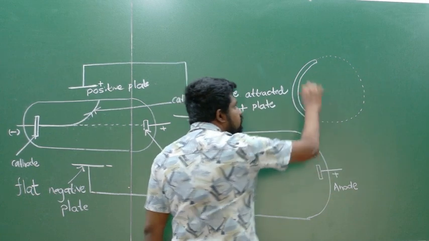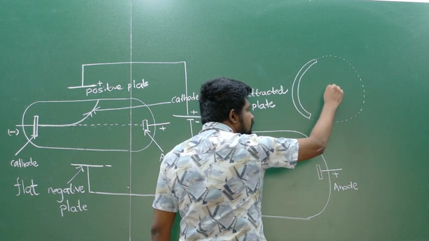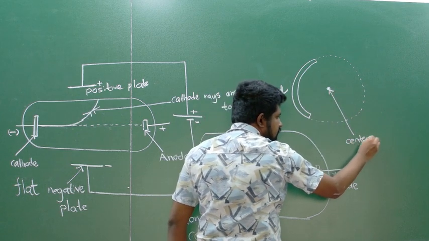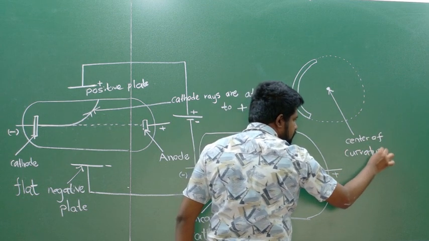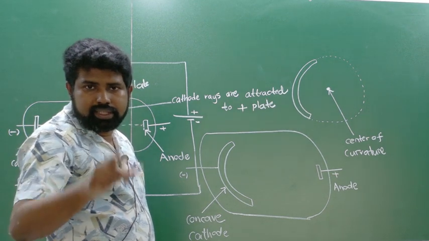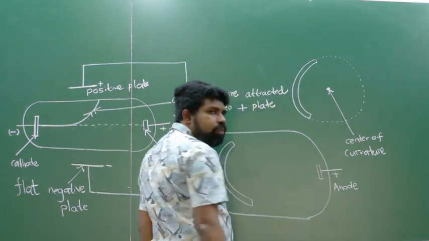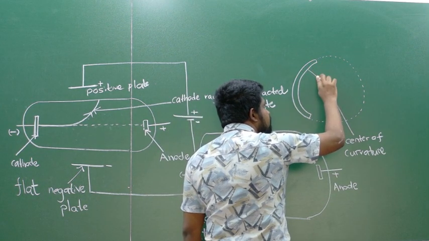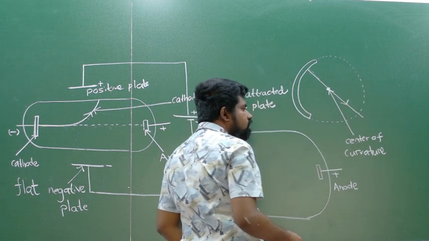So in a mirror, there's a center. It's like a circle, no? This center in a mirror is known as the center of curvature. So in a concave mirror, the radiations originated from the surface of the mirror pass through this center of curvature.